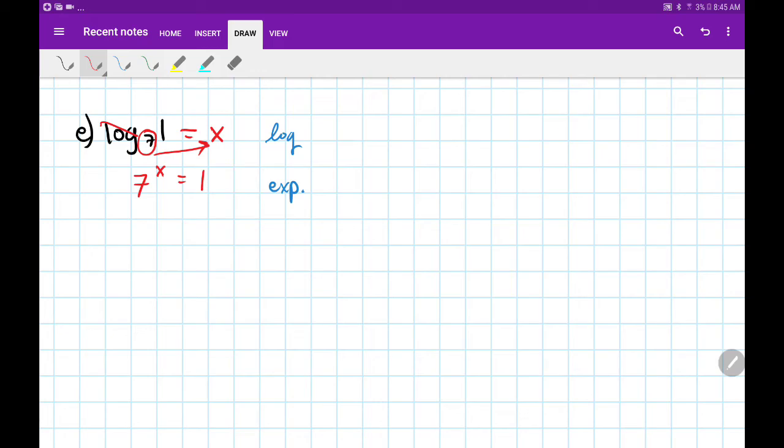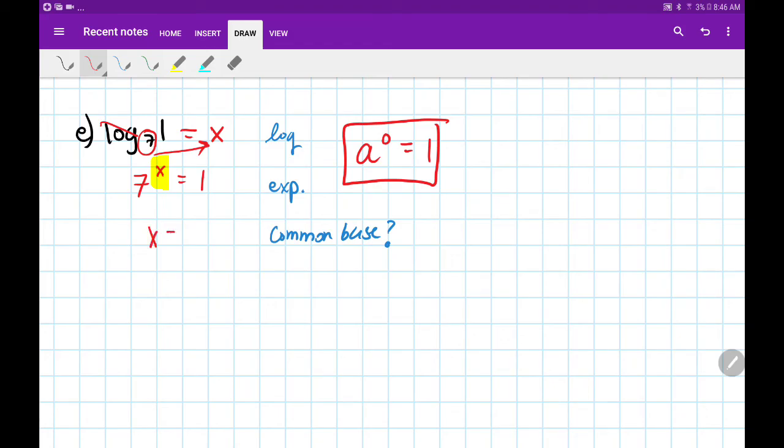Now this one's interesting because with 1 and 7, we are not going to be able to find a common base. But if you remember your properties of exponents, there's only one number that x can equal. So 7 to the what power will give us 1? See if you remember this rule. Anything to the 0 power is 1. So x has to equal 0.